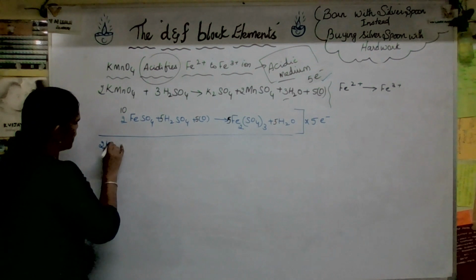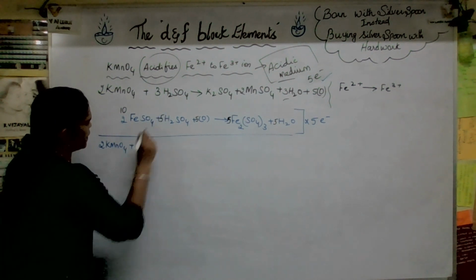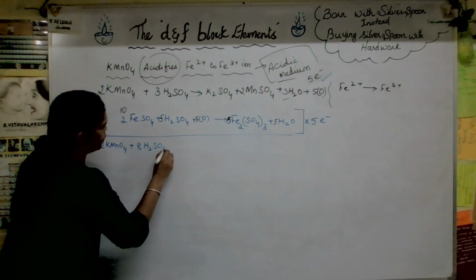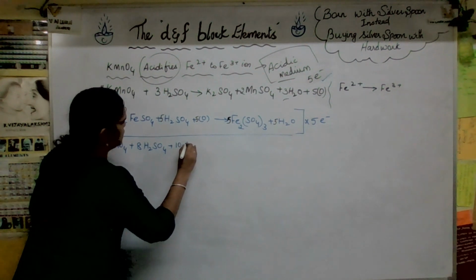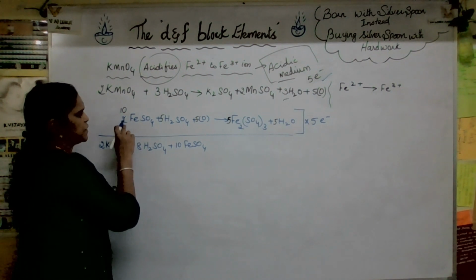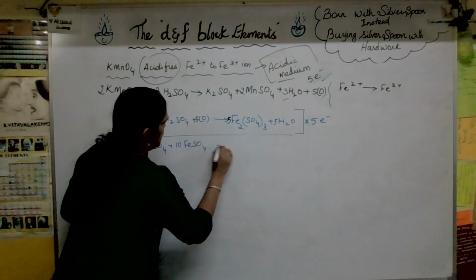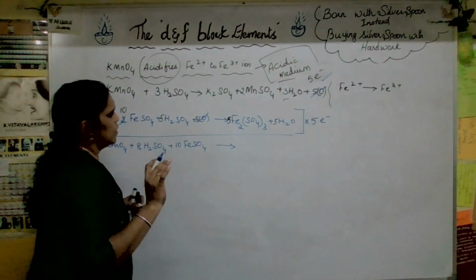2 KMnO4 plus 3 plus 5, 8 H2SO4 plus 10 FeSO4. Here 5 twos are 10, right? That's what I just put it 10. Okay. Then it gives here 5O cancel, right? Okay.